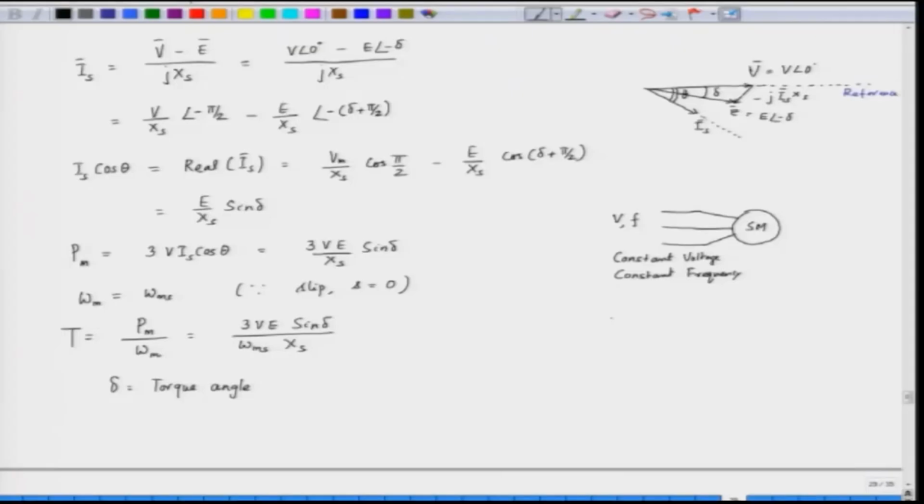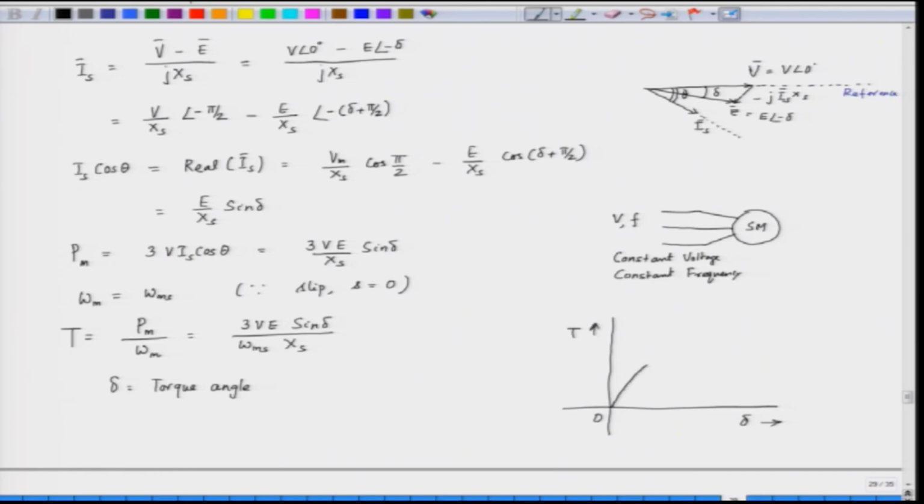If we want to vary the torque, we can do that by varying the value of delta. If we vary delta, we get various torques. So, what we get in this case is delta on the x axis and torque on the y axis.